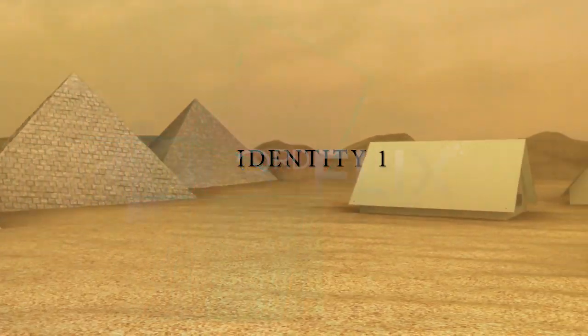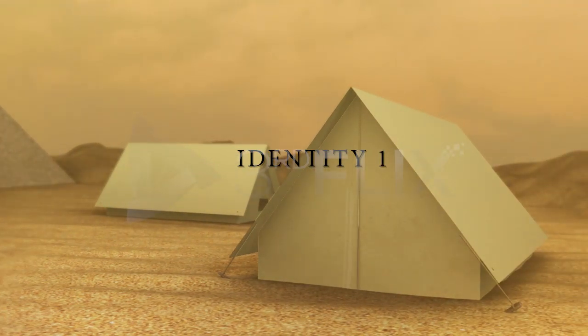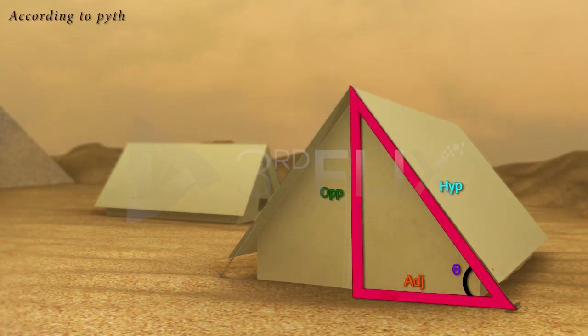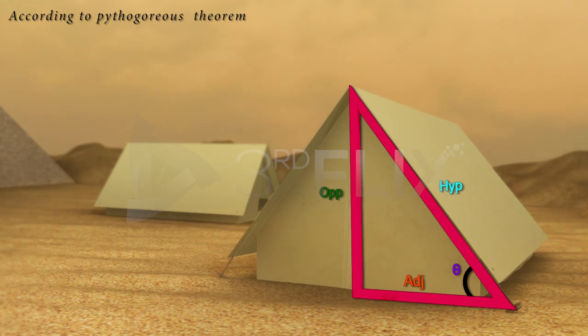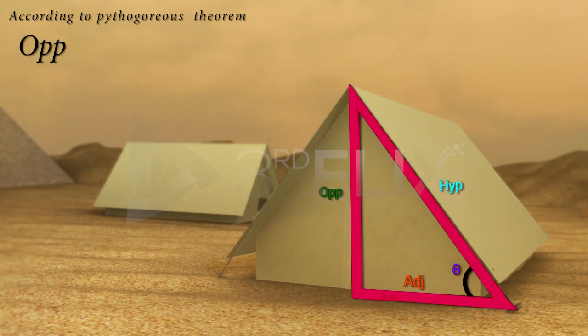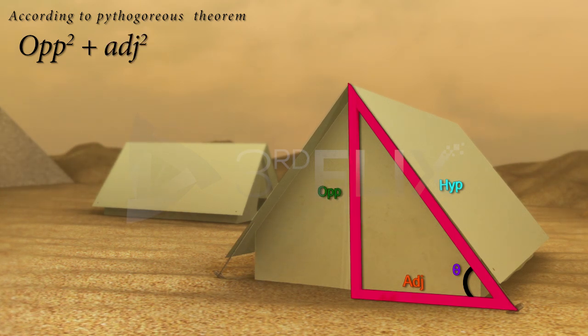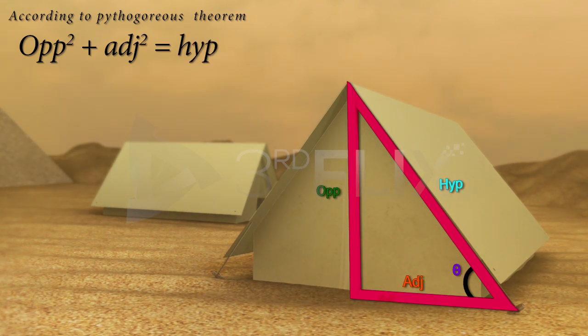Either trigonometric ratios or the Pythagorean theorem is used to find unknown measures of sides in a triangle. According to the Pythagorean theorem, in a right-angled triangle, the square of the side opposite to angle theta plus the square of the side adjacent to angle theta is equal to the square of the hypotenuse.